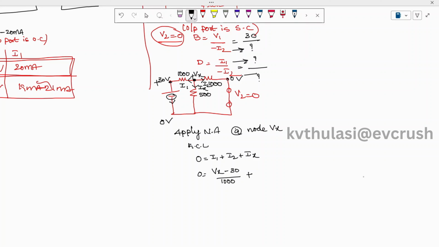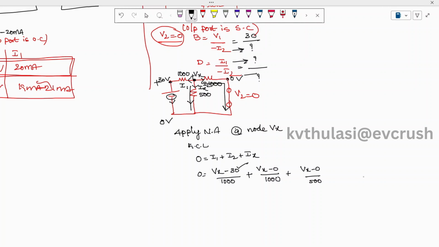Plus I2, the current which flows in this branch, I can write as Vx minus 0 divided by 1000. And Ix, the current which flows in this branch, I can write as Vx minus 0 divided by 500. Okay, so here let's try to segregate the real terms and the magnitude.